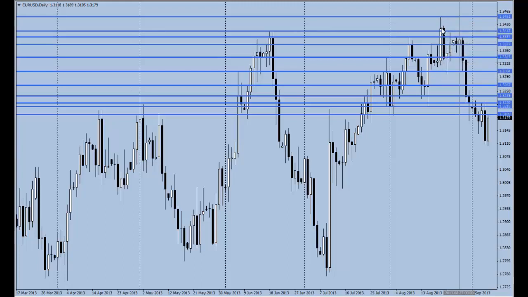When we had this price pattern here, these are referred to as railroad tracks.